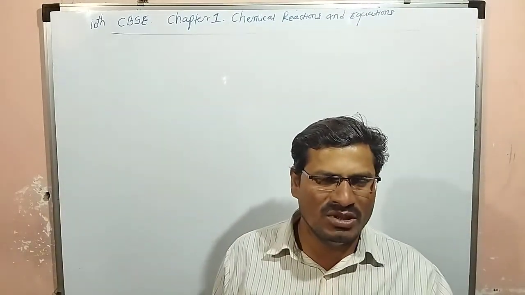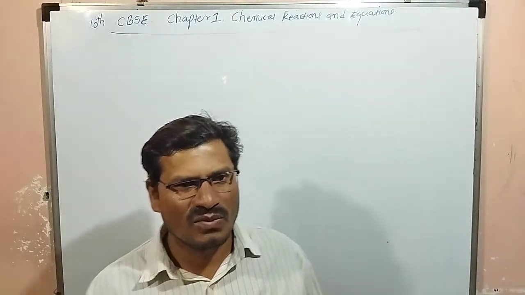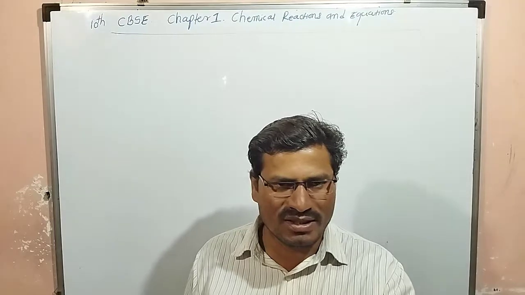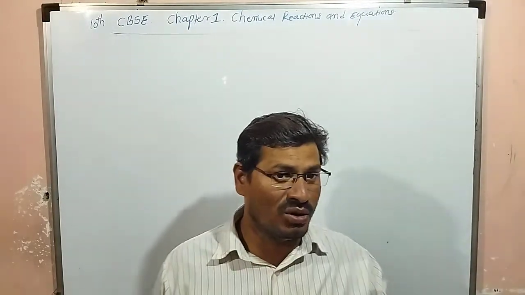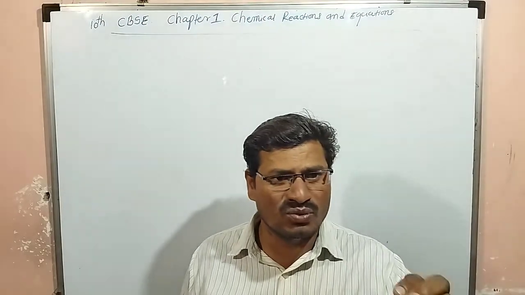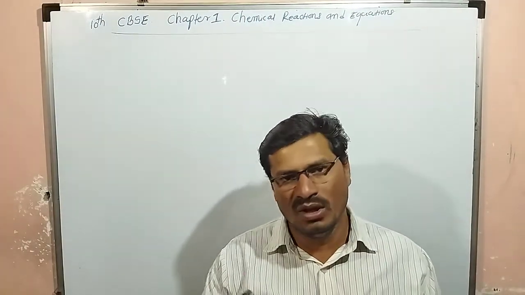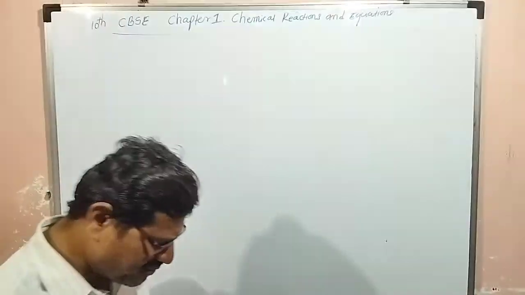One more thing, we have studied the definition of chemical reaction. A chemical reaction is a process in which reactants are converted into products. The chemical substances which take part in the chemical reaction are converted into products. This is the chemical reaction.